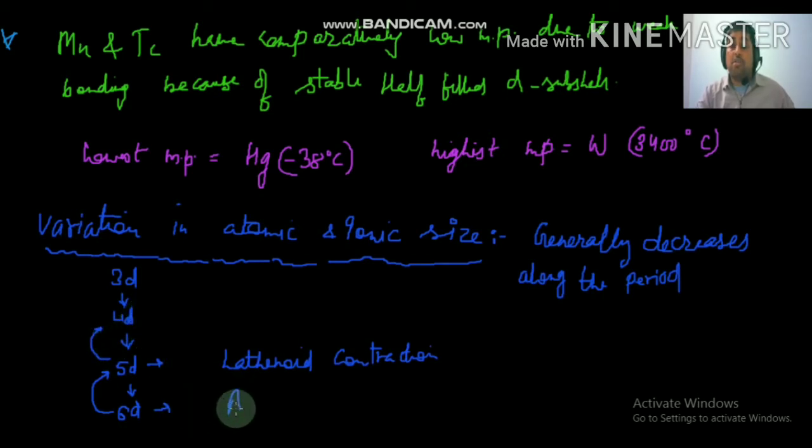Another term is actinoid contraction, which is stronger than lanthanide contraction, and because of that the size of the 6d series is almost superimposed on the size of the 5d series.